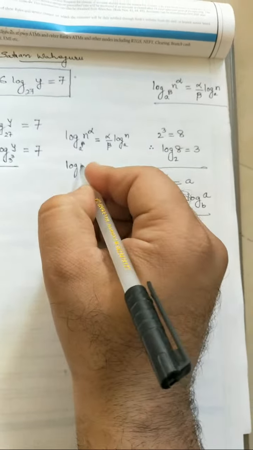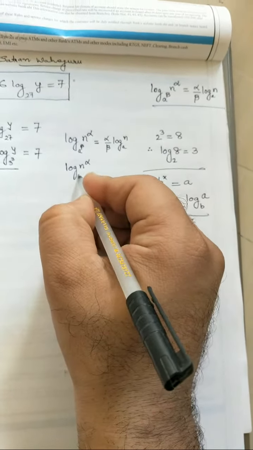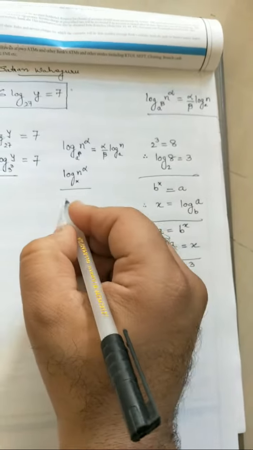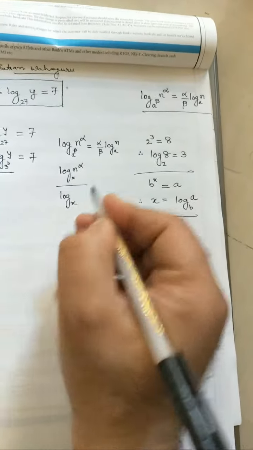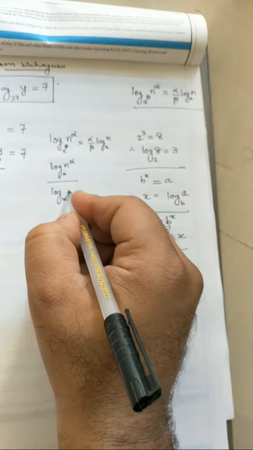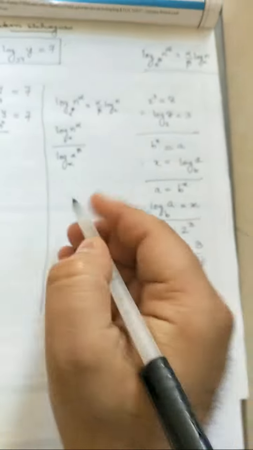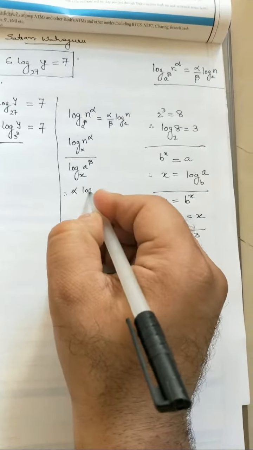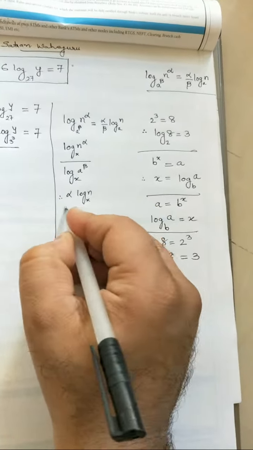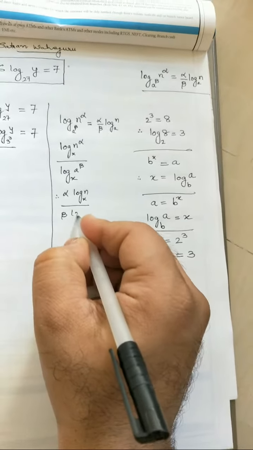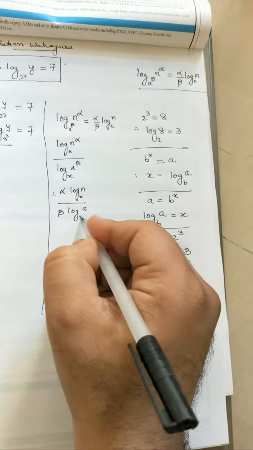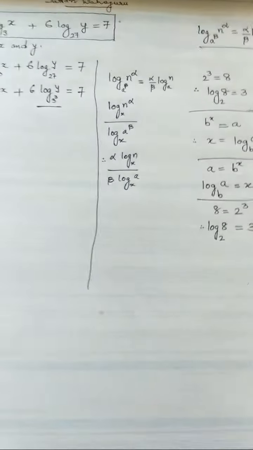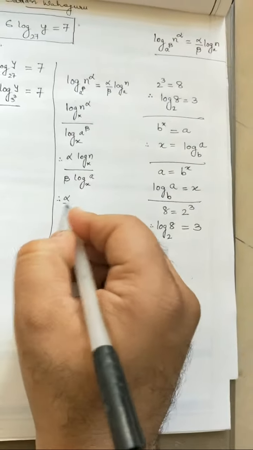Log n raised to alpha to the base say x, we are taking another base. We can write this as a raised to beta. Therefore, we'll get alpha log n to the base x by beta log a to the base x.